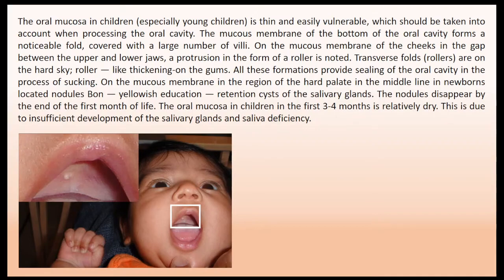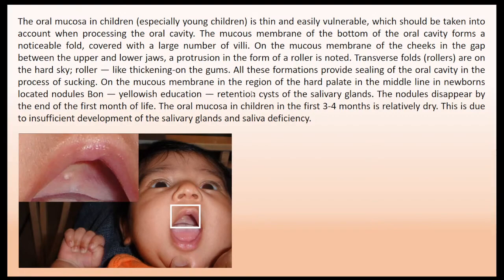On the mucous membrane of the cheeks, in the gap between the upper and lower jaws, a protrusion in the form of rollers is noted. Transverse fold rollers are on the gums like a thin casing. All this formation provides a seal of the oral cavity in the process of sucking. It's a very important mechanism for sucking, with anatomical structures for this.